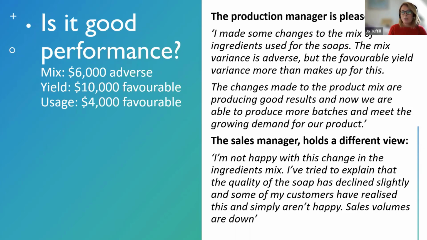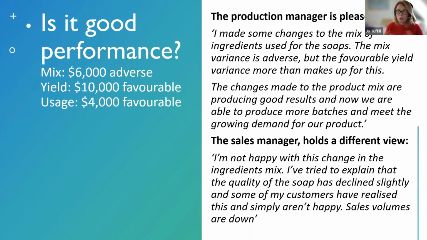The higher yield has come probably because the lye and the cocoa oil have made the mix go further. They've produced more soap. That mix has basically yielded more than it should have done based on the standard. And so it looks like he's got a great favourable variance. His usage variance overall is 4,000. But when we look underneath it, it's because the mix has gone adverse and created a higher yield, right?